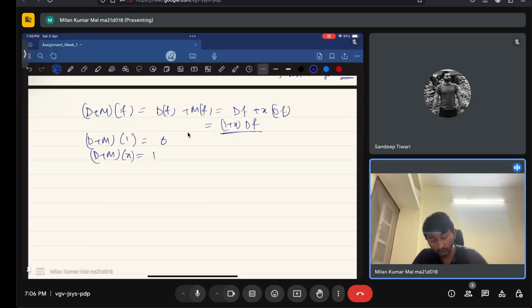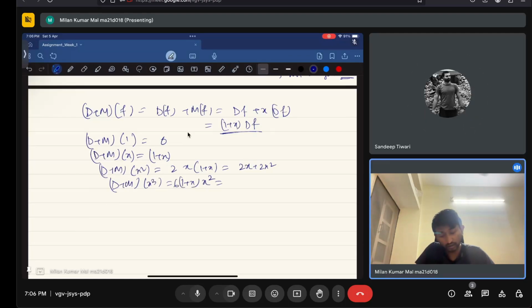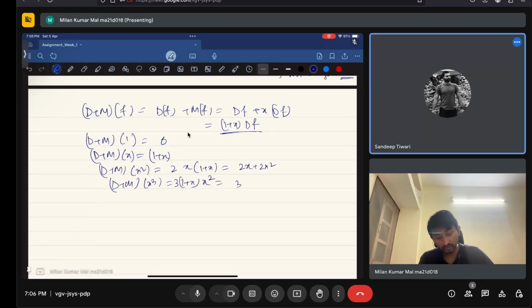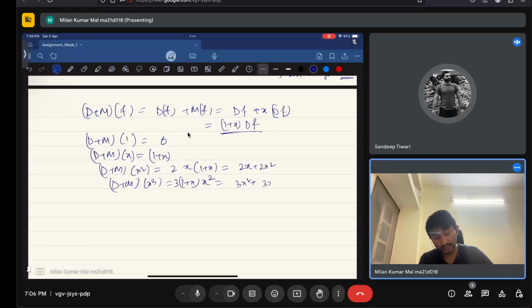So d plus m on x is 1 plus x. d plus m on x square is 2x times 1 plus x, that is 2x plus 2x square. And d plus m on x cube is 3x square plus x into 6x... sorry, not 6x square, so 3x square plus 3x cube.